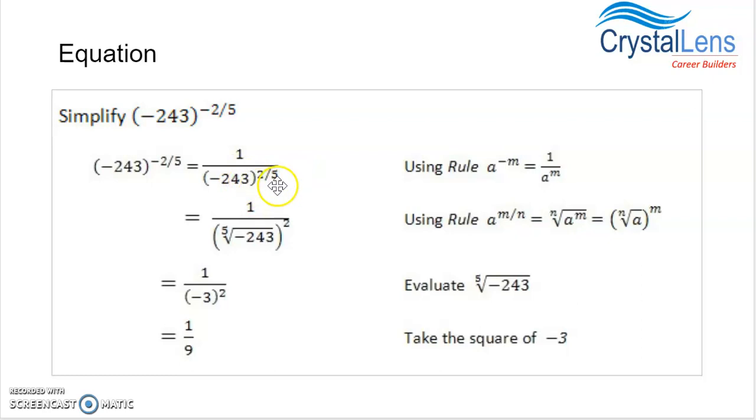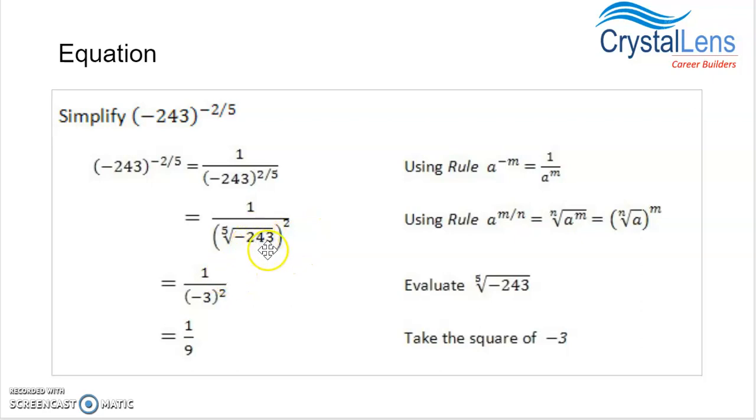Now we are going to apply the other rule, because this is now a fractional index, right? Remember, you use the denominator as the root, and the numerator as the power. So this is going to be 1 over the fifth root of minus 243, raised to the power of 2.